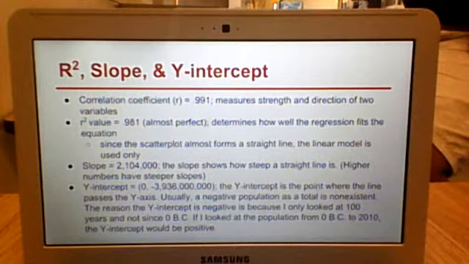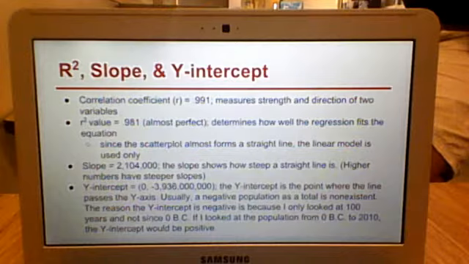And it's good to have a correlation coefficient which is positive and over 0.8, because that means that it's a good fit.